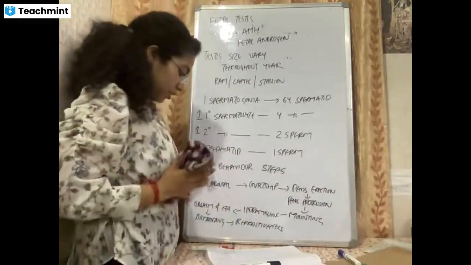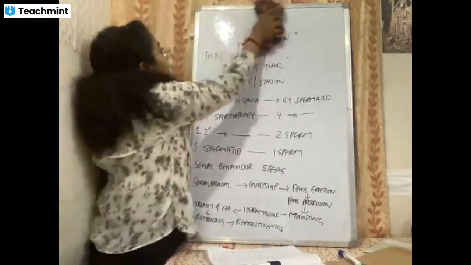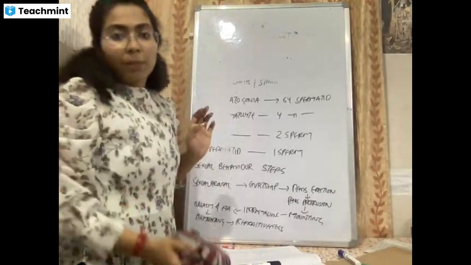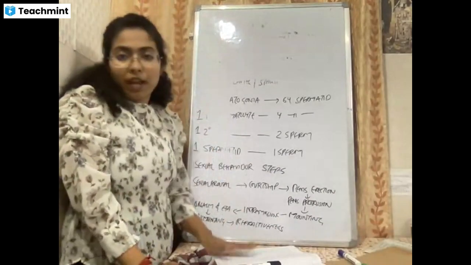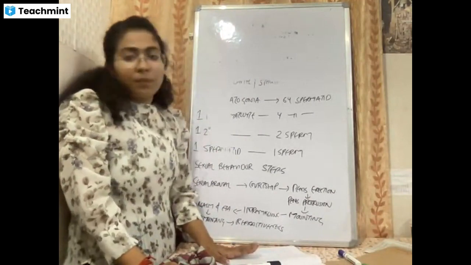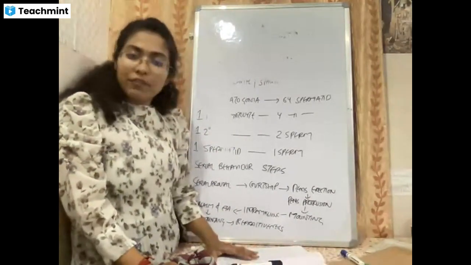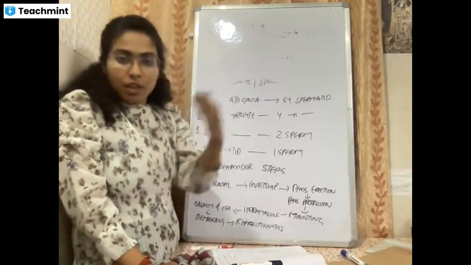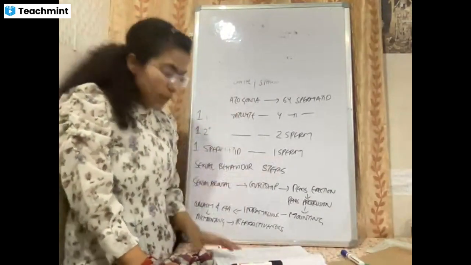Now I'll give you the numbers, because numbers are also important in this andrology portion and the gynae portion. The thing with numbers is you just read them once, then 2 to 3 days before the exam, just go through them, then it will be fine.